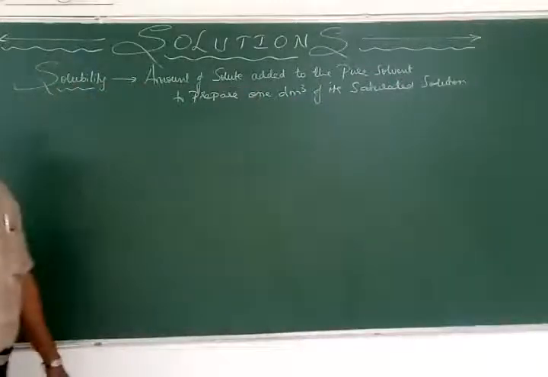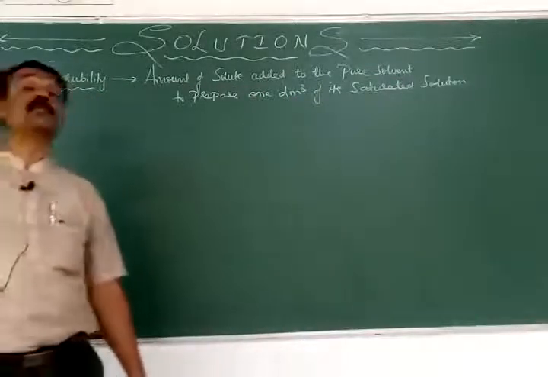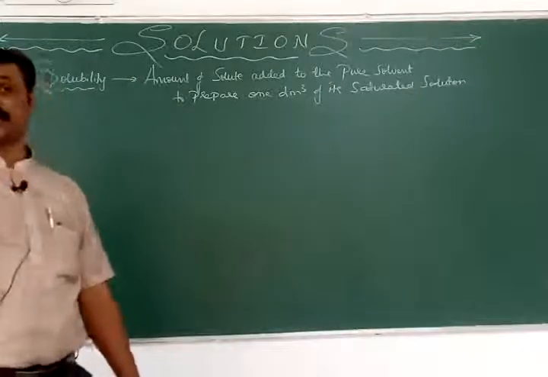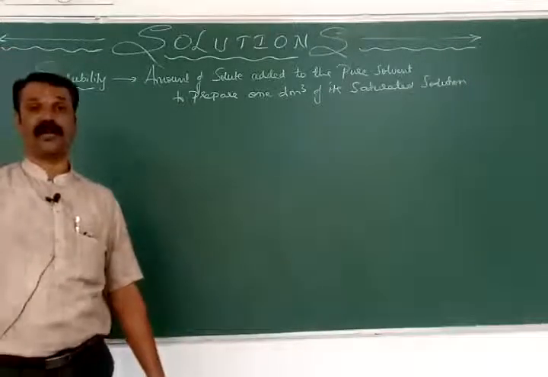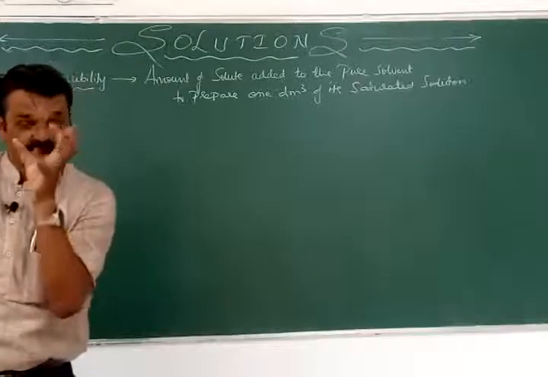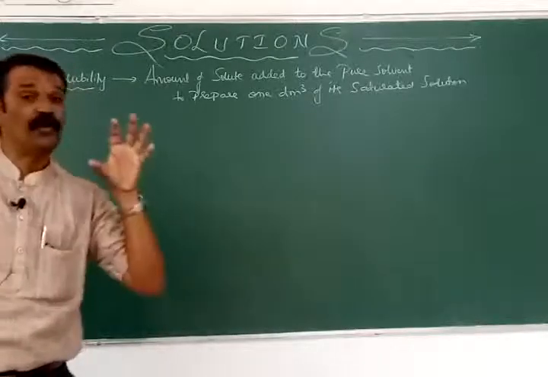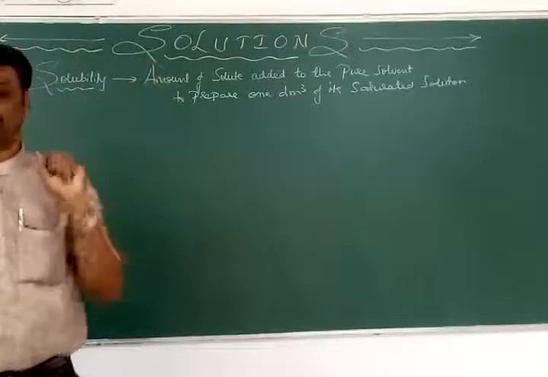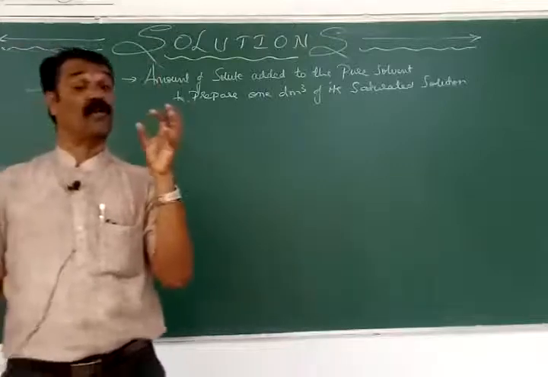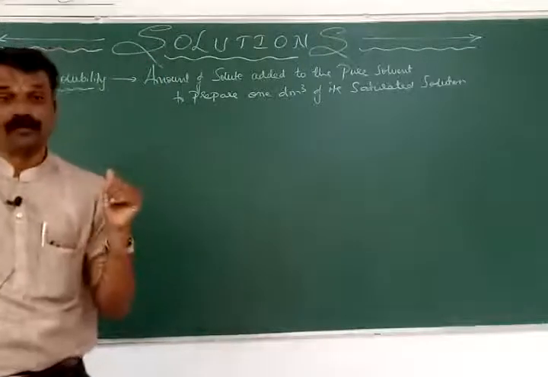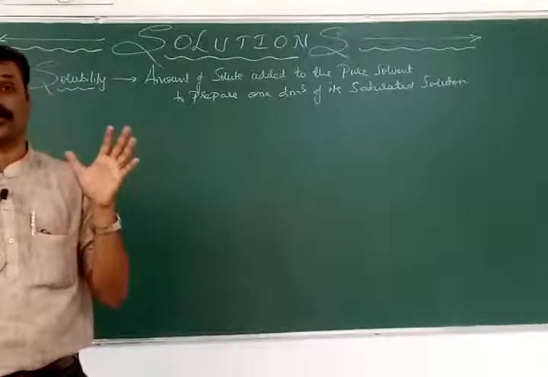Because when a solute is added to a solvent, we are expecting three different solutions: unsaturated, saturated, and supersaturated. If the amount of solute that we have added to the given volume of the solvent is less, then that becomes an unsaturated solution.